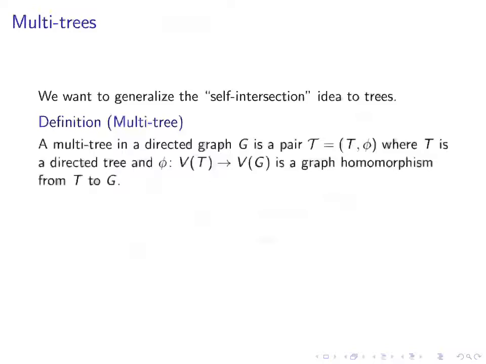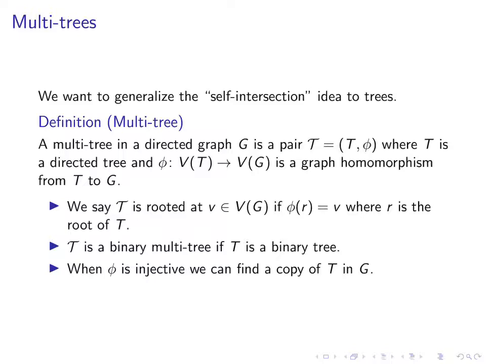How do we do this? Let's consider multi-trees. A multi-tree is a pair consisting of a given tree T and a graph homomorphism. The graph homomorphism maps the vertices of the given tree to the vertices of the graph G. The homomorphism maps the root of the given tree to the root of the multi-tree.